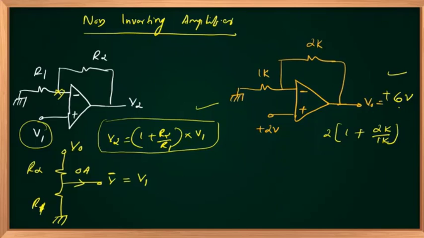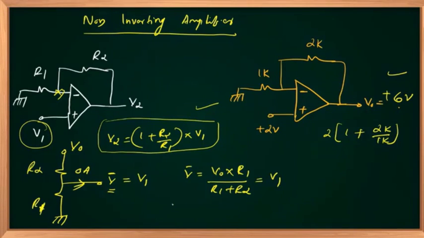So this V minus should be equal to V1, right? And for V minus, you can apply the voltage division rule here because this branch current equal to 0. So V minus is equal to V out multiplied by R1 divided by R1 plus R2. That is a simple voltage division rule. And that value V minus should be equal to how much? V1, right?